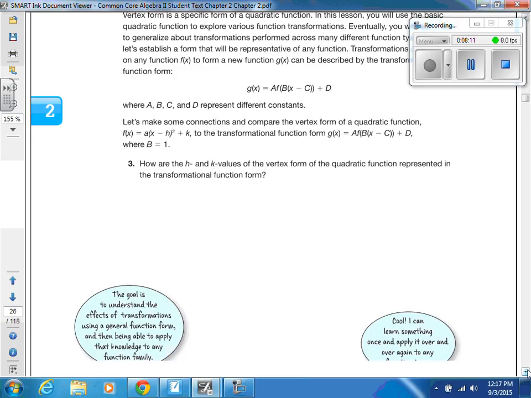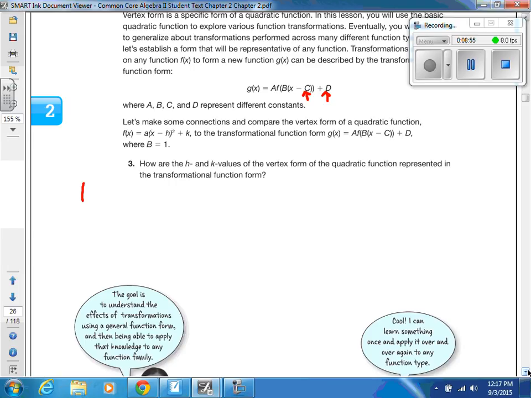We're not going to do anything different, but you need to be prepared to see different letters other than H and K. Because HK refers to just the vertex, but actually every single point is being moved. So they are going to start referring to how much is being moved as C and D. It's the same thing, but when I say HK, you need to think vertex. If I say C and D, you need to think about moving every single point.